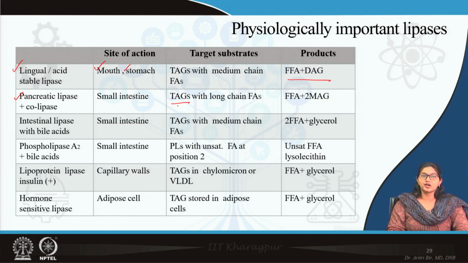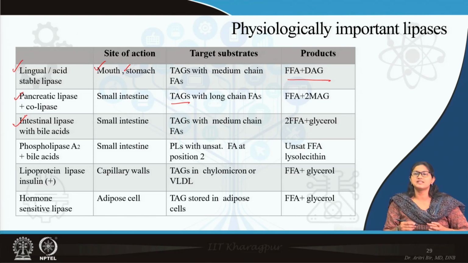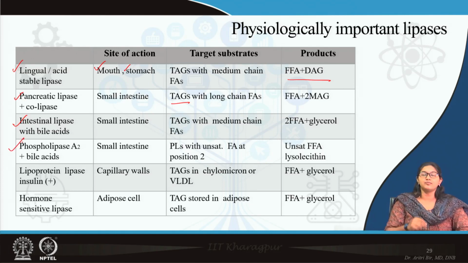digests triacyl glycerol. Then intestinal lipase as well, but remember intestinal lipase has nothing much left to digest, actually most of the functions are done by gastric and pancreatic lipase. Then phospholipase A2 is important for breaking down the dietary phospholipids which breaks the secondary ester bonds giving rise to unsaturated fatty acid and lysolecithin.